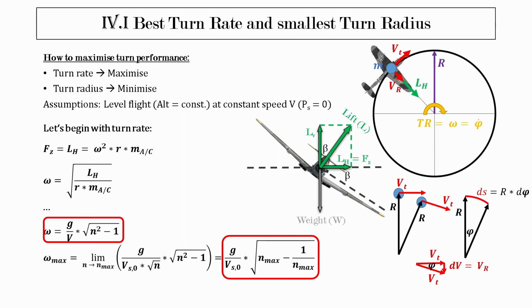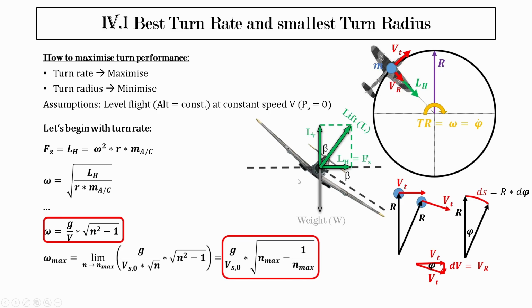You could plug this in there, and basically the stall speed in level flight, VS0, is usually known. So then you can calculate now, without any other values, your theoretical turn rate that you can expect to get out of your aircraft.